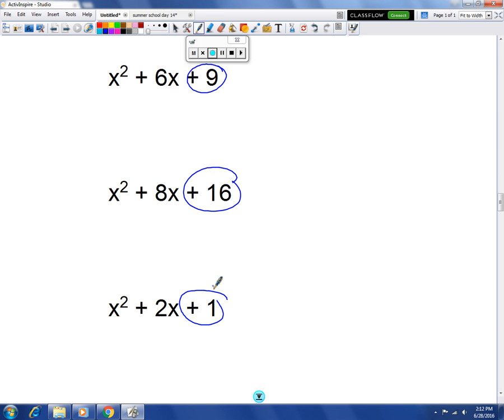You know, 1 times 1 is 1, 2 times 2 is 4, 3 times 3 is 9, 4 times 4 is 16, 5 times 5 is 25, and so on. So watch out for when the last number is one of these, because these are going to be called perfect square trinomials.